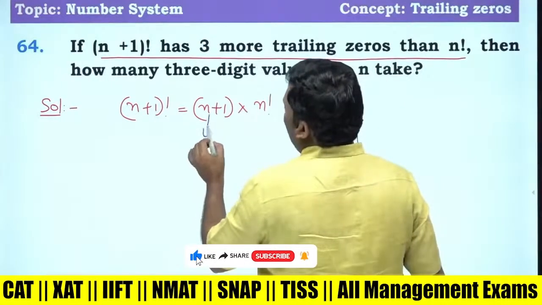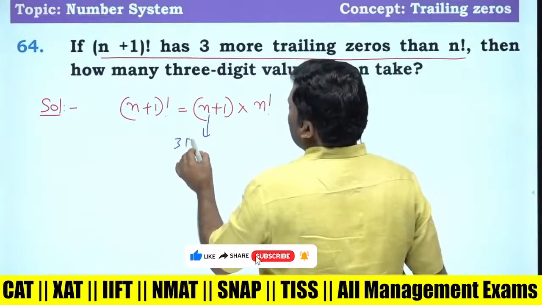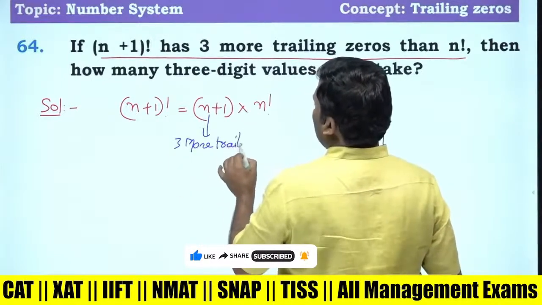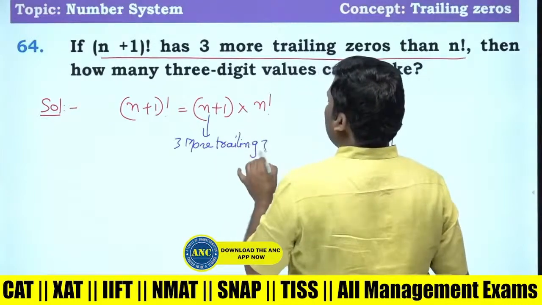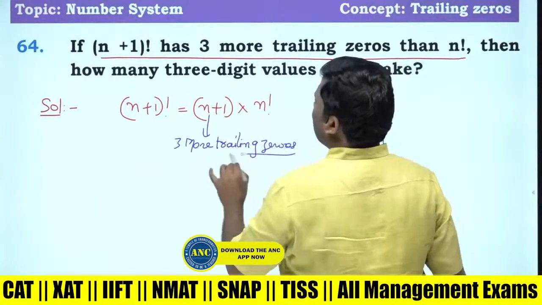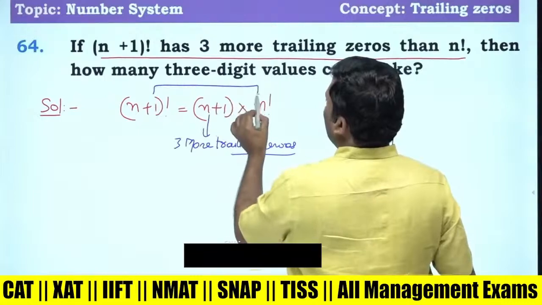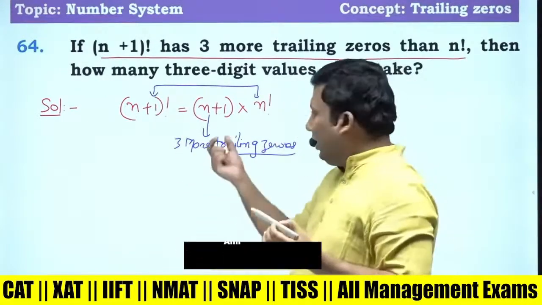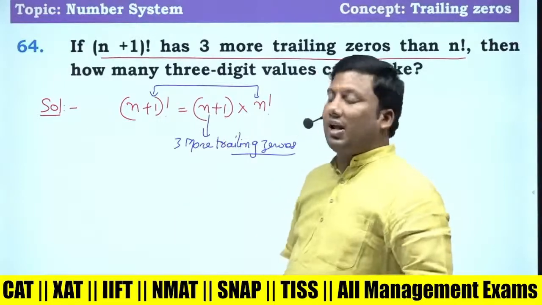That means the 3 more trailing zeros are because of this n plus 1. The difference in the number of trailing zeros for n factorial and n plus 1 factorial is 3, and that 3 is because of this n plus 1.